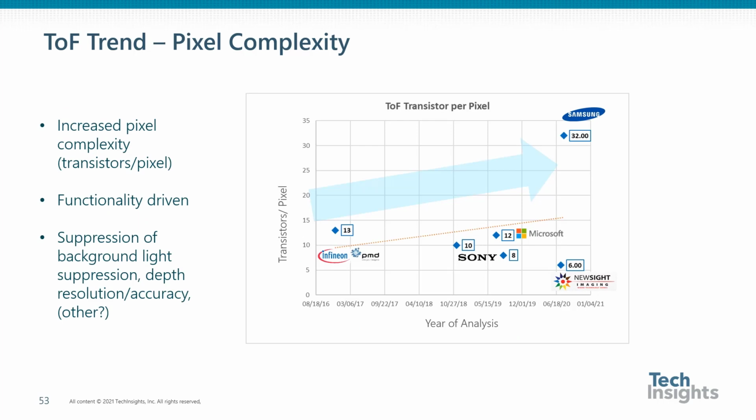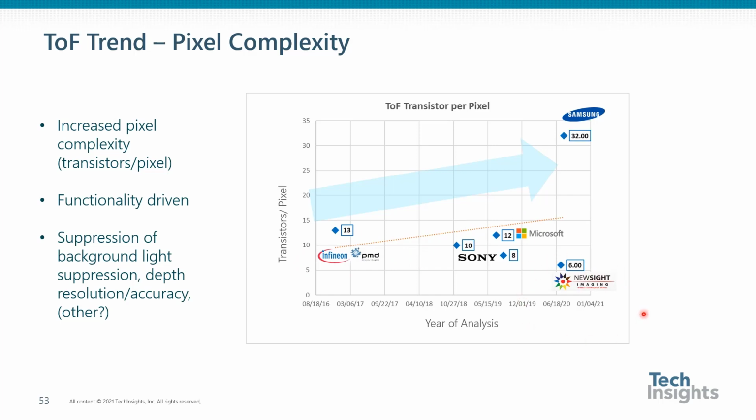Finally, here we show the trend for time-of-flight sensor pixel architecture complexity. So the graph shows transistors per pixel versus year of analysis. So here the trend is not very clear. The different vendors certainly have different approaches for pixel design. If we look, for instance, at Sony alone, we can see that the number of transistors per pixel have really not progressed or increased.